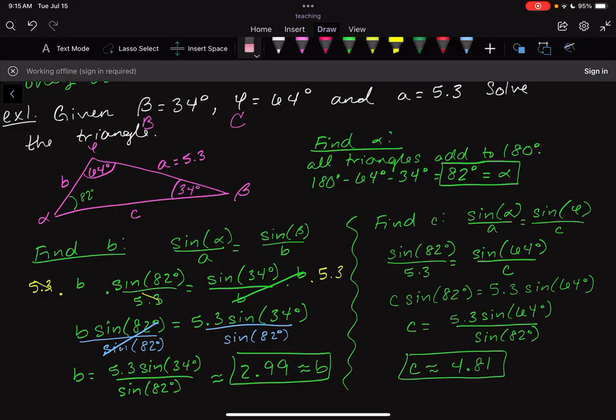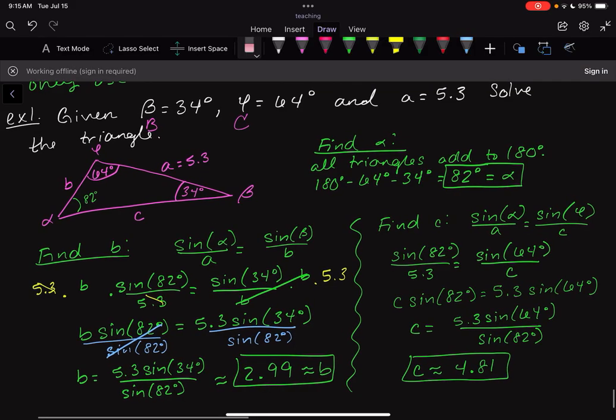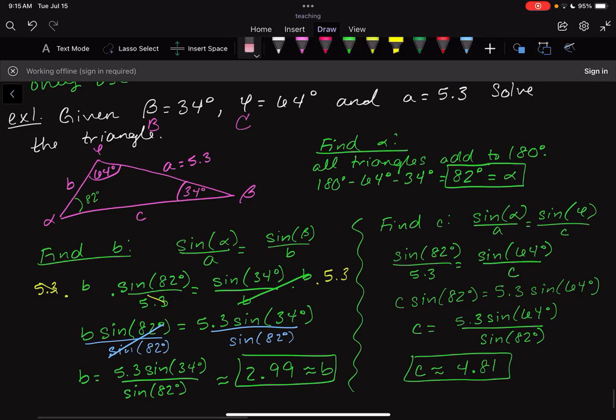You always want to use what's given because it's probably going to be nicer values, so you won't get as many rounding errors. And for this one, I didn't even talk about the case, but this was the angle side angle case.